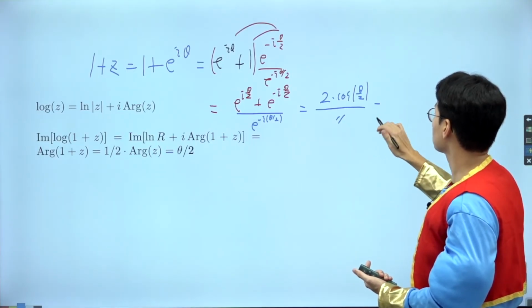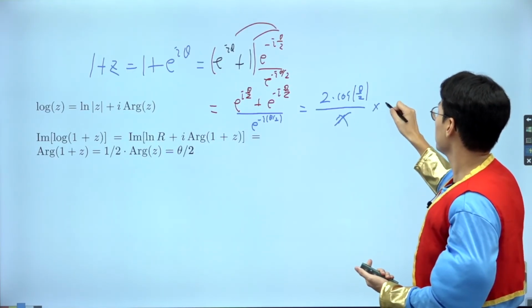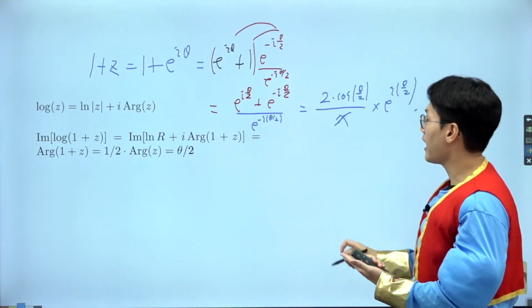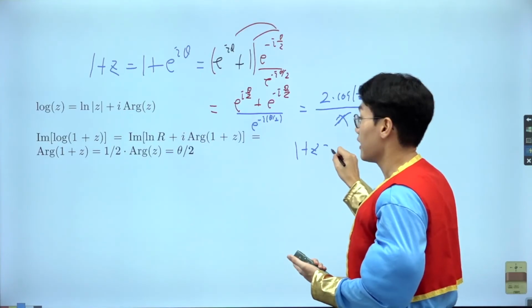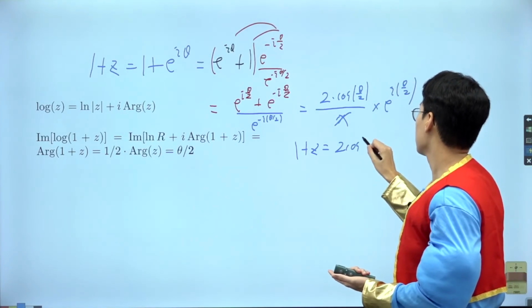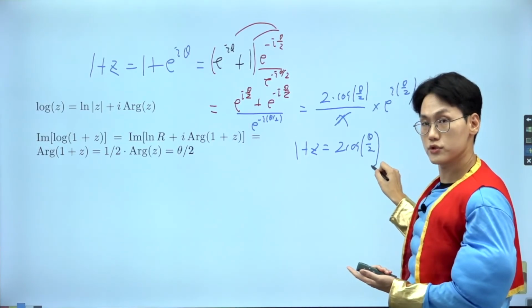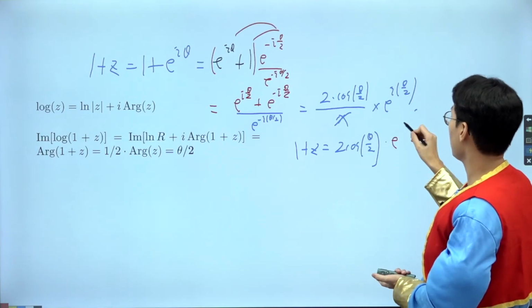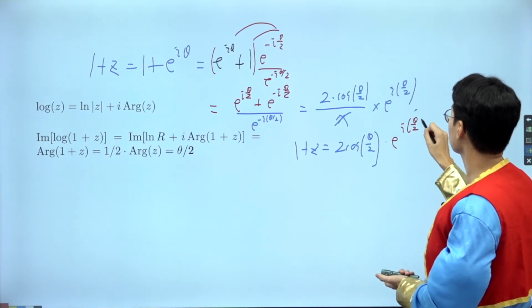It will be multiplied by e to the power i theta over 2. That is great. So now 1 plus z can be put into 2 cosine theta over 2, which is my modulus, by the way, and then the argument, the complex e to the power i theta over 2.